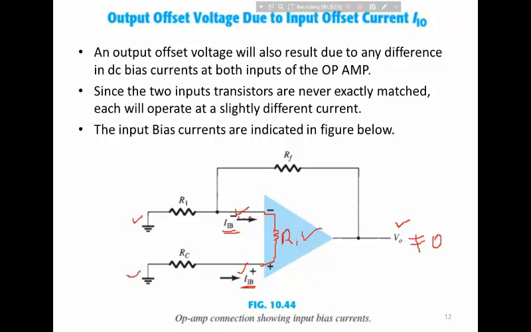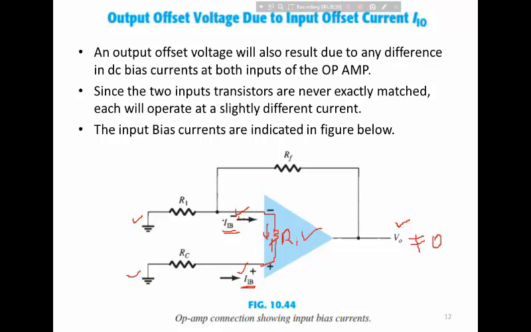If these two currents are equal, then the net current through this resistance will be zero. Whatever current is coming from top to bottom will be equal to the current flowing from bottom to top.